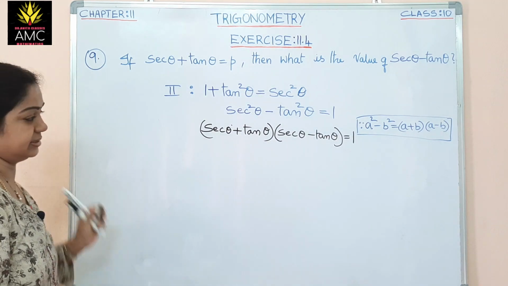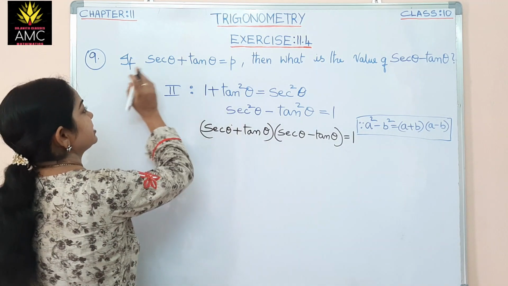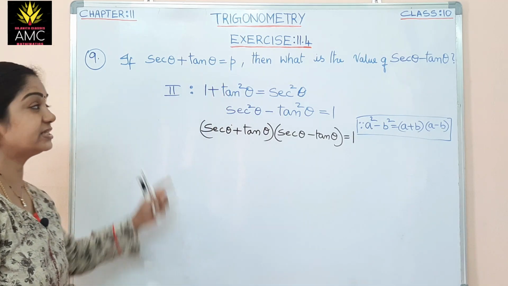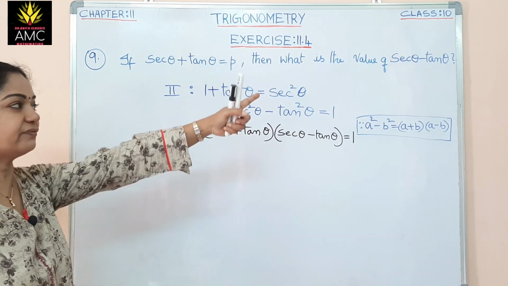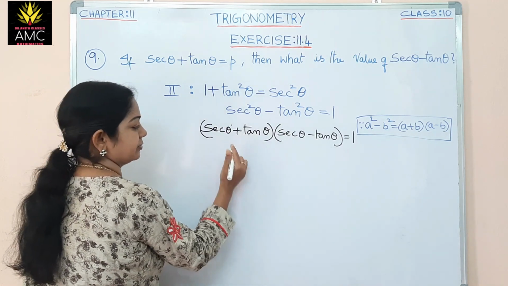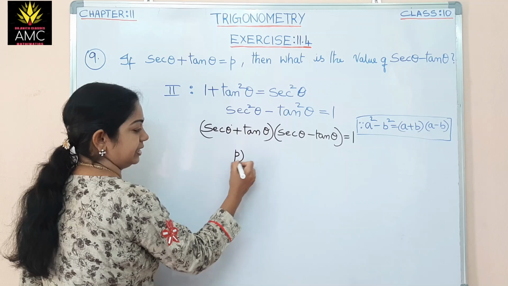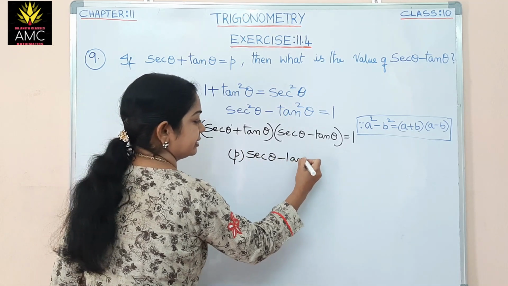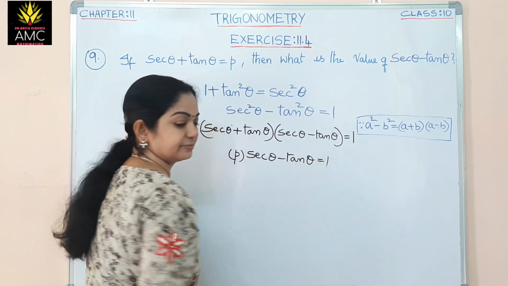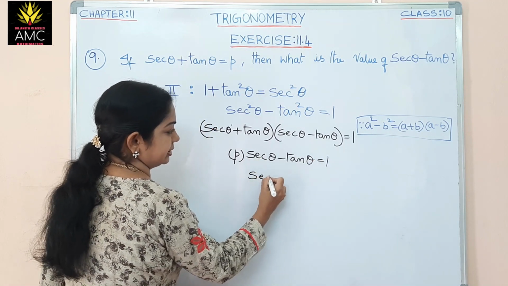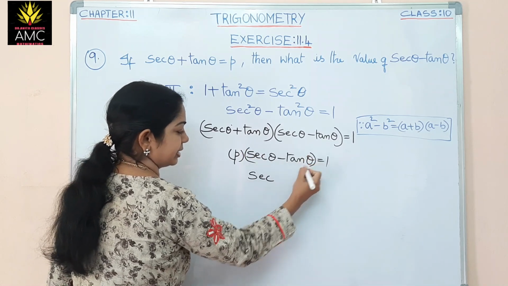Because of the second identity. Now see the question: if secant theta plus tan theta is P, the value of secant plus tan is P. We have to find secant minus tan. So this we have to find, and we know this value, so I'll substitute. This is P into secant theta minus tan theta equals 1. Now I want secant theta minus tan theta, let us keep it in bracket.